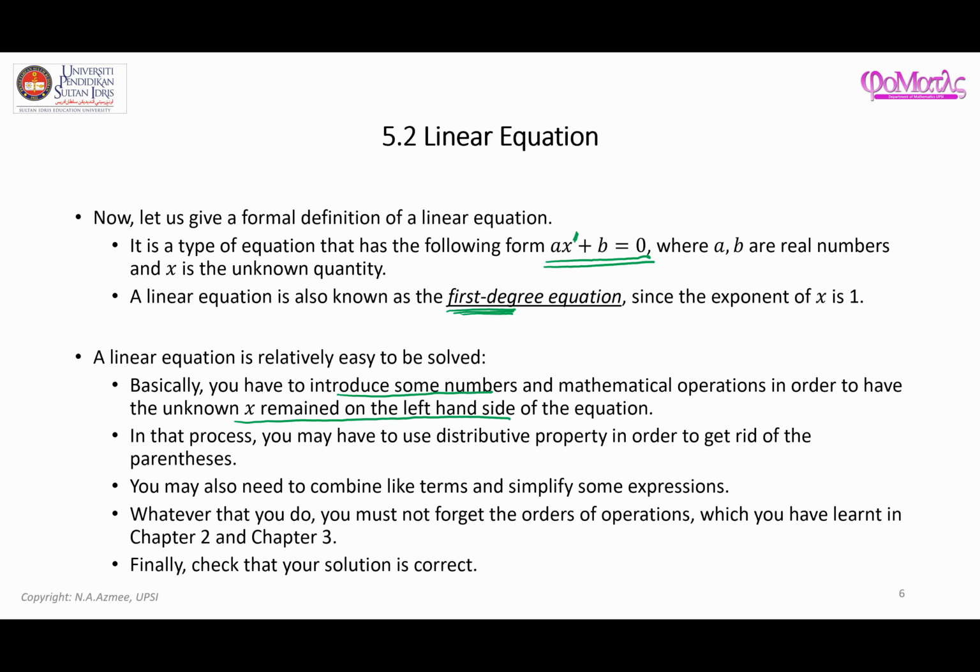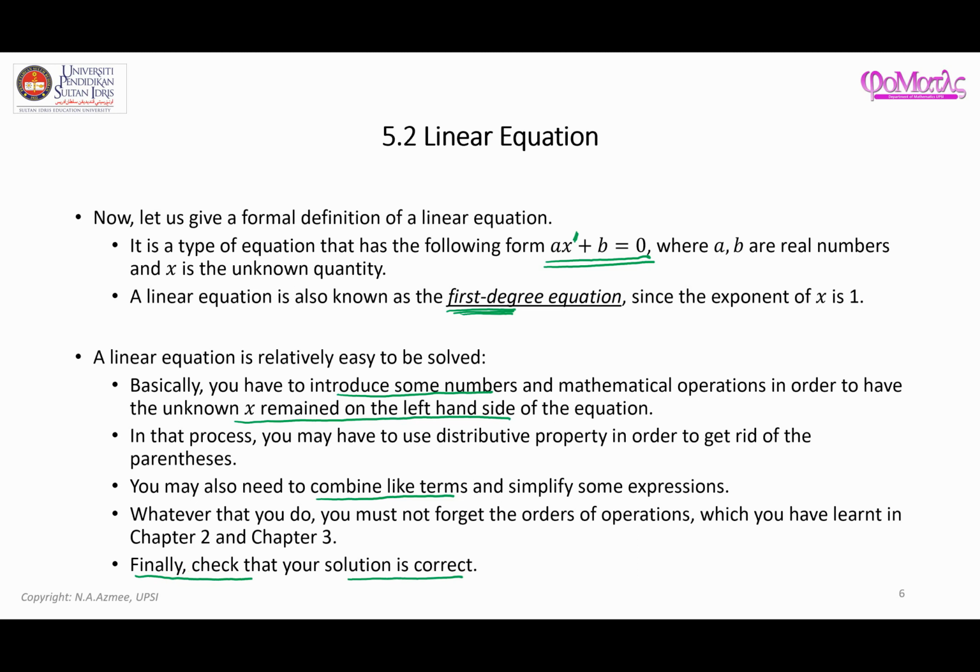You may also need to combine similar terms and simplify the expression. Whatever you do, you must not forget the order of operations, which you learned in chapter 2 and chapter 3. And finally, this is what some people usually don't do, but I think it is always a good idea to check that your solution is correct.